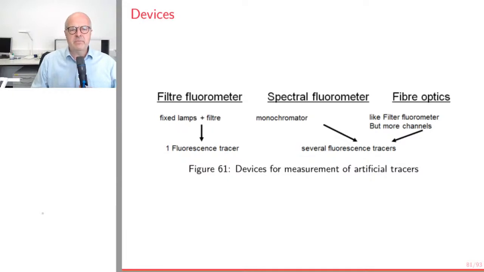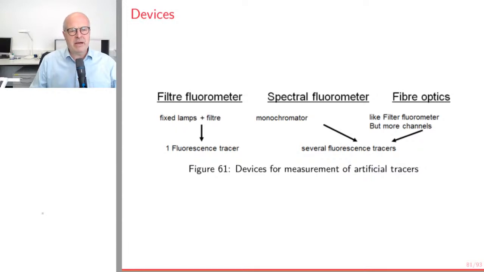Now, today you can buy filter fluorometers on the market, and in a good lab you should have a spectral fluorometer which is able to actually produce wavelengths at different parts of the spectrum, plus a sensor that is able to detect the light intensity at different wavelengths.